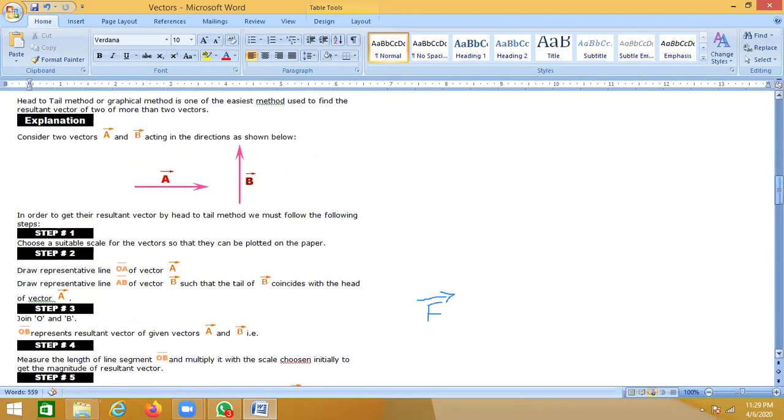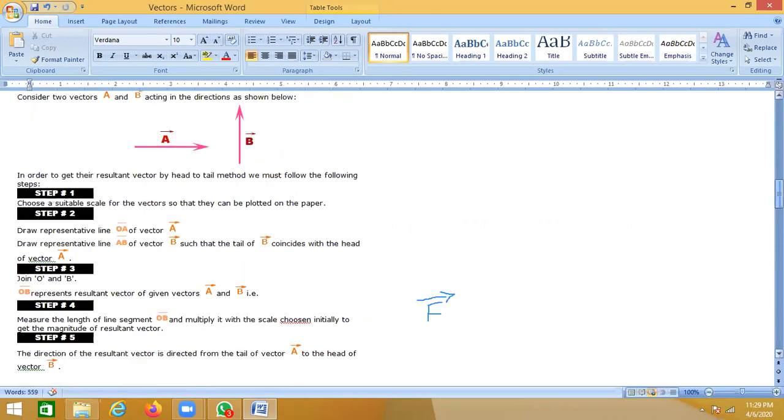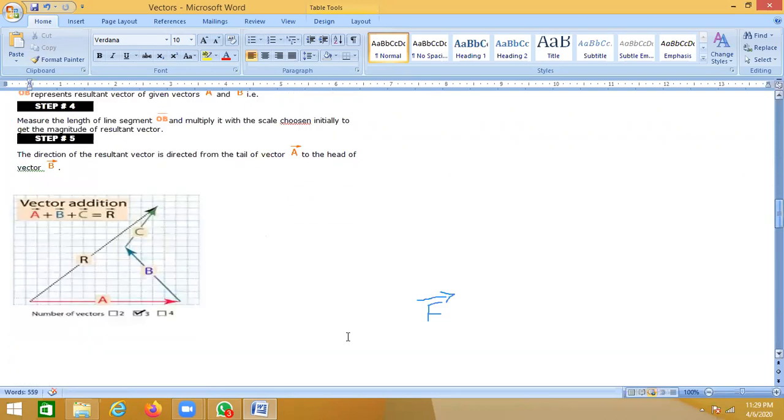So we can actually connect the head of the first vector. If you can see here, the head of the first vector, which is vector A, is connected with the tail of the second vector, that is vector B. And then if you can see vector C, it is also connected accordingly.